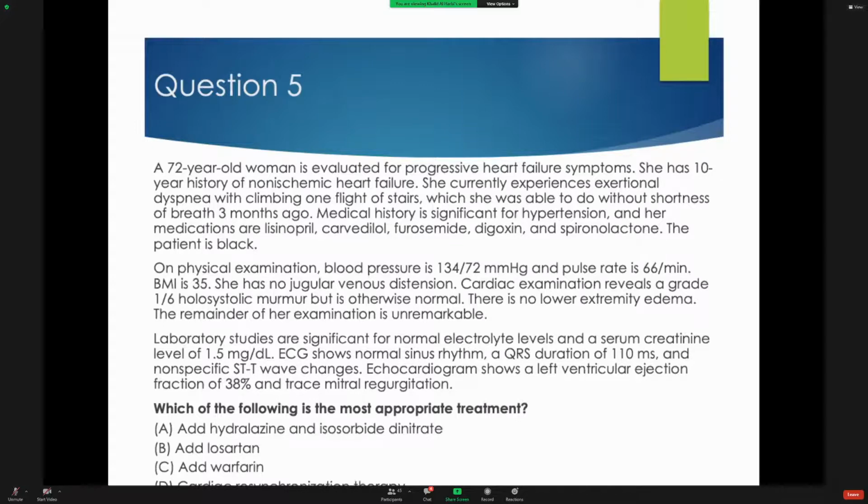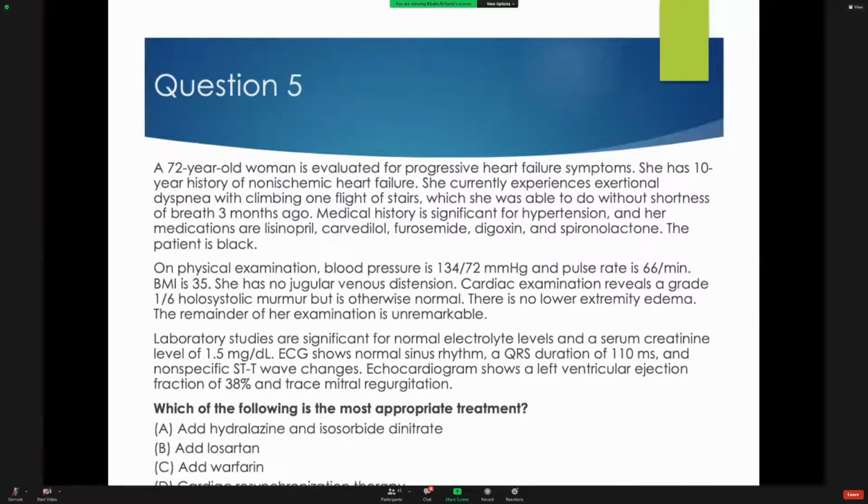Okay, let's go with warfarin. So what do you think about warfarin? I will not use warfarin, because the ECG shows normal sinus rhythm.